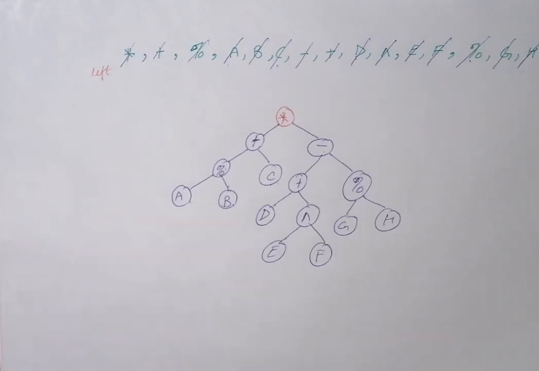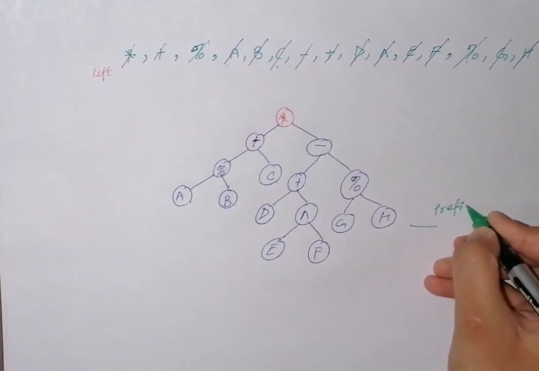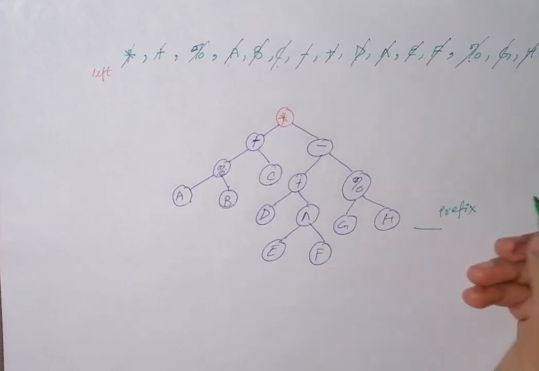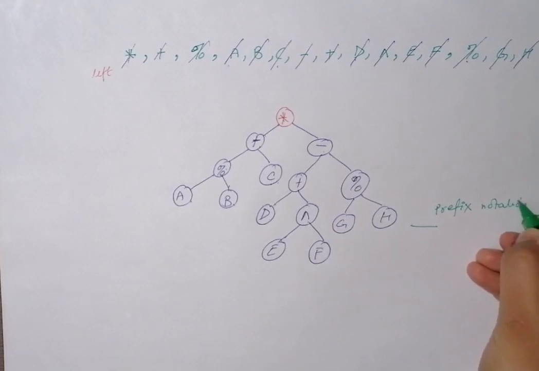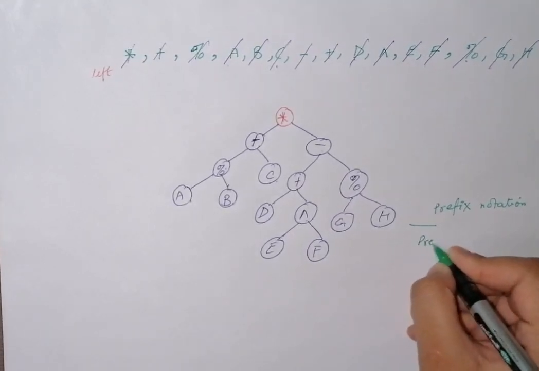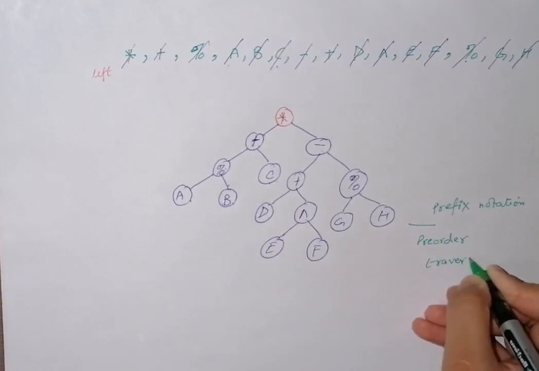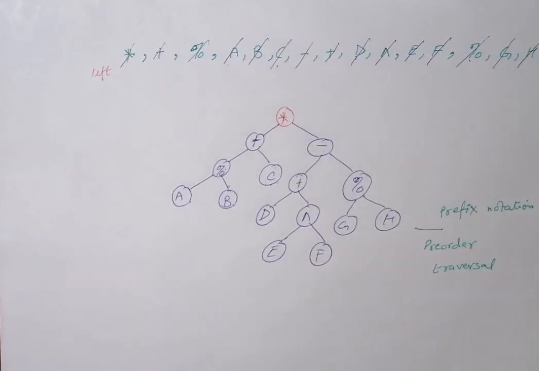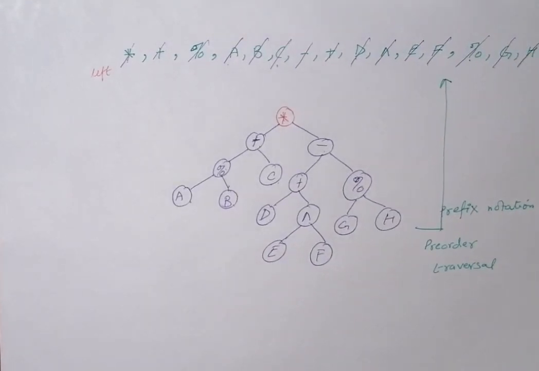That is, if I want to find the prefix notation of this particular expression tree, I have to go for pre-order traversal. As a result of applying pre-order traversal over here, I will receive the exact same expression from where I started, the original expression.